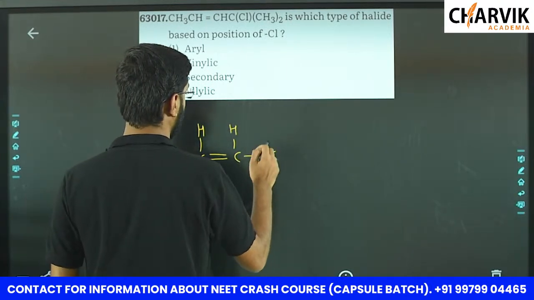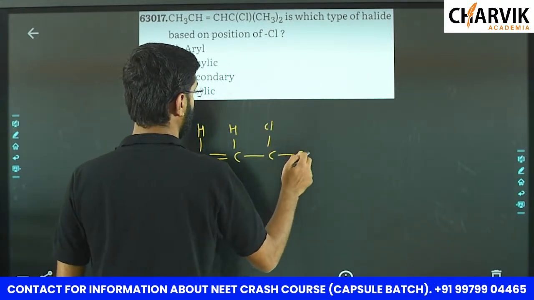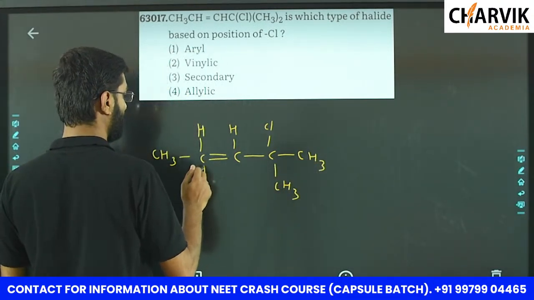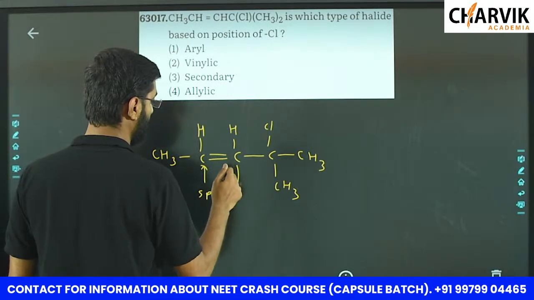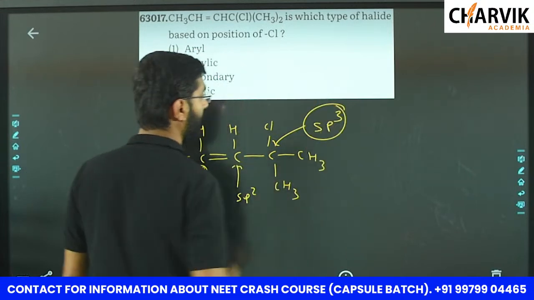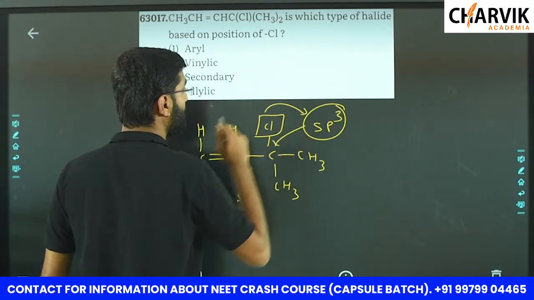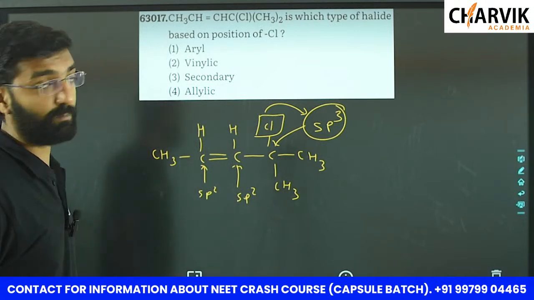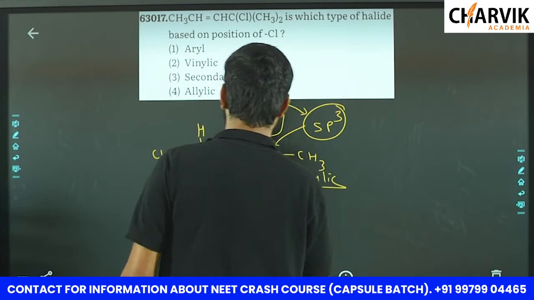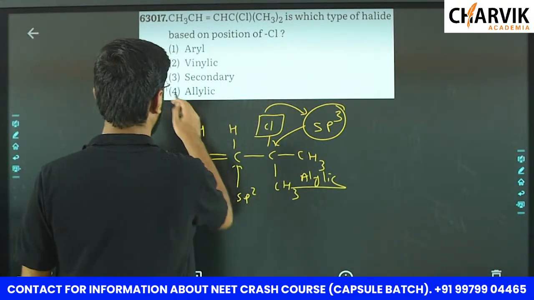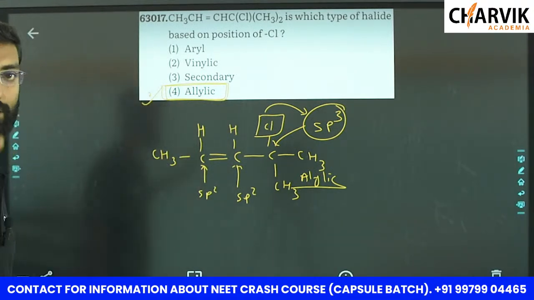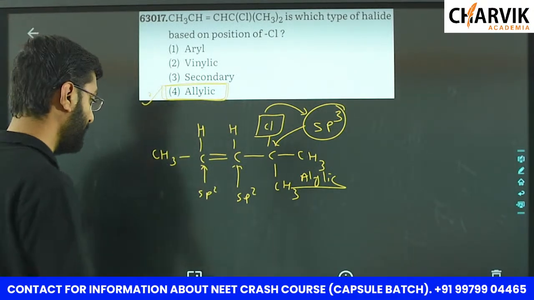Now you can see here, this carbon is sp2, again this carbon is sp2, this carbon is sp3, and this chlorine is attached with sp3 carbon, and this one is allylic position. Right? So this is your allylic halide, allylic chloride. So your answer is 4. Done? Okay.